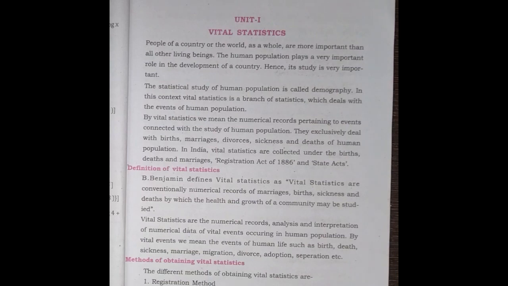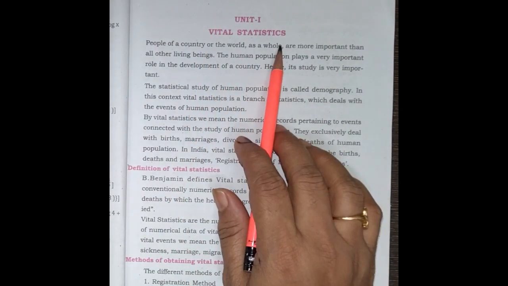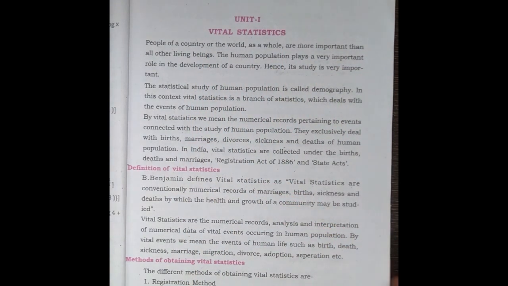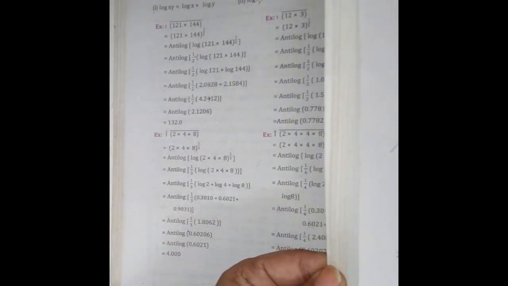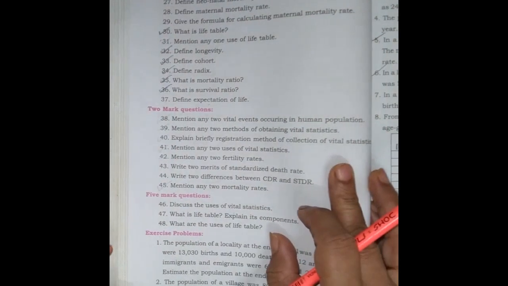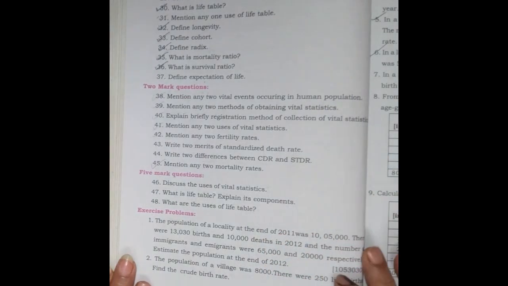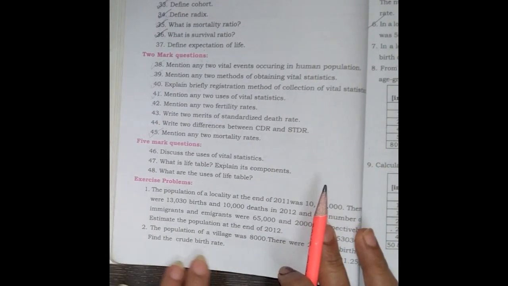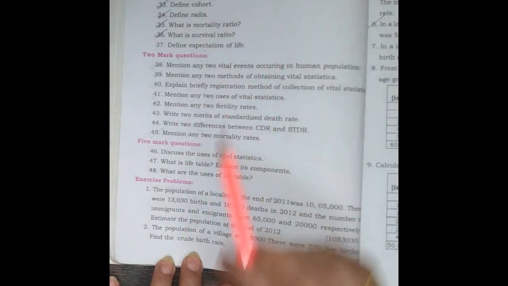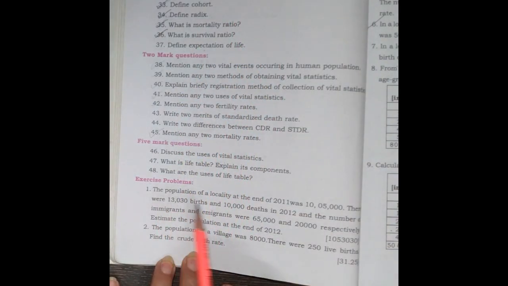Just go through all the examples. If you are not getting the exercise sums, I am solving all of them for you. Here on page number 36, the exercise problems are given.